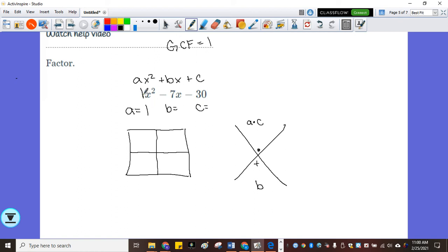Remember, if it's not written, there's an invisible 1 there. -7. Make sure you take the sign with it. -30. So A times C is 1 times -30, which is just -30. And adds to B, -7.